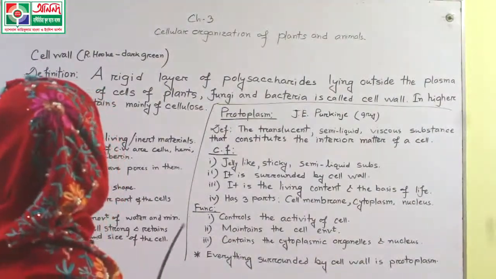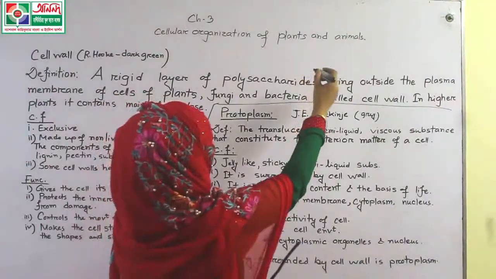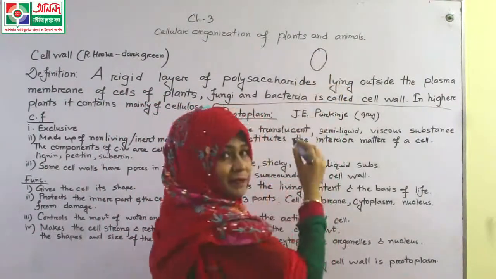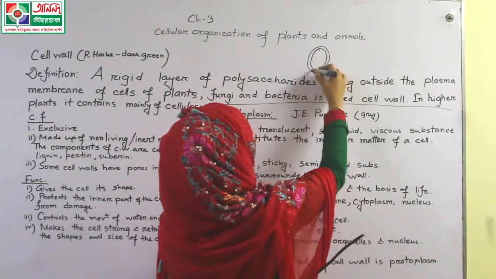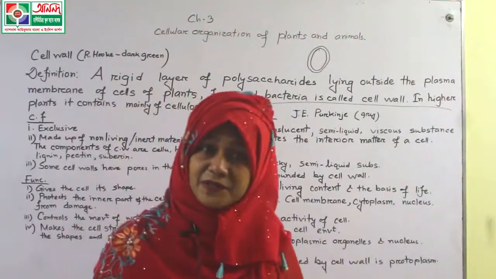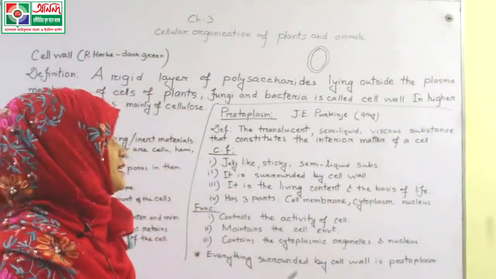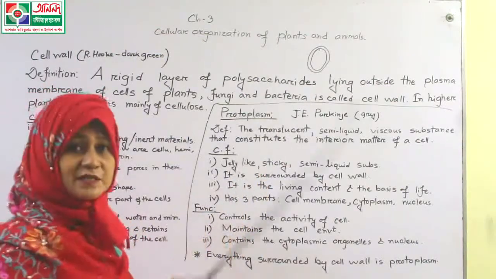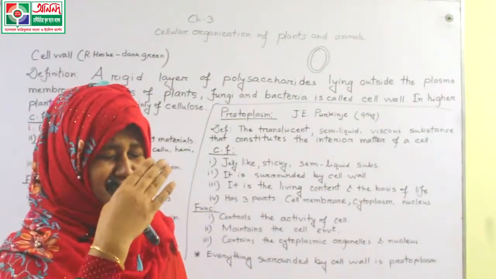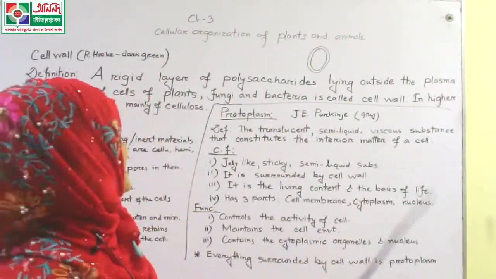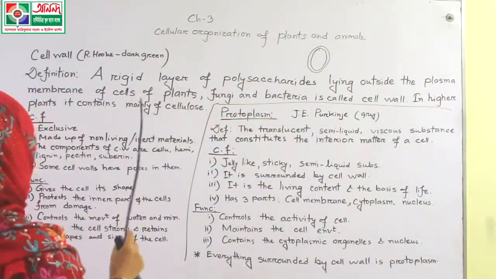In higher plants, it contains mainly cellulose. So this one is the cell membrane or plasma membrane, and outside the cell membrane or plasma membrane there is the cell wall, and the cell wall is absent in the case of animal cells. In the case of plant cells there is the plasma membrane, and outside the plasma membrane there is a strong rigid layer of polysaccharides, and it is inert.